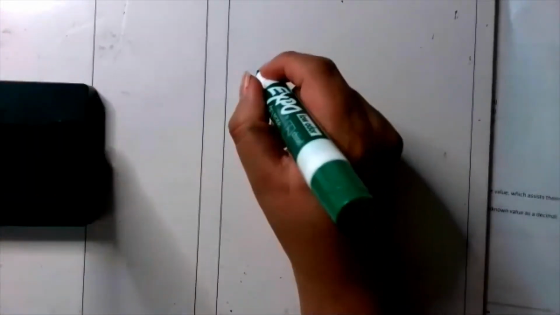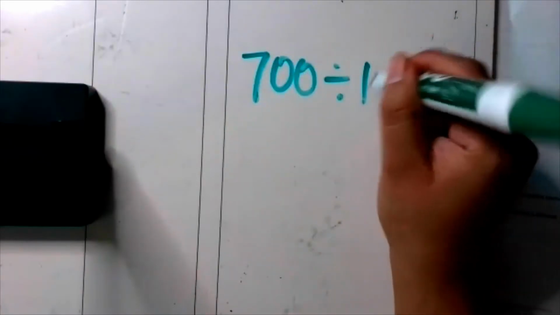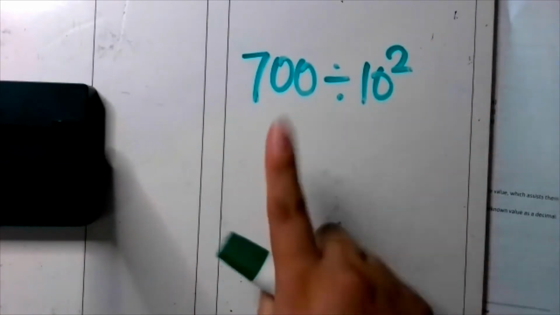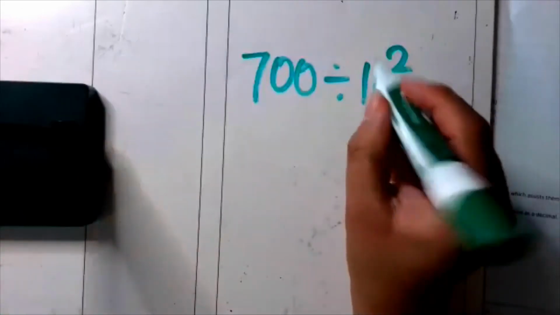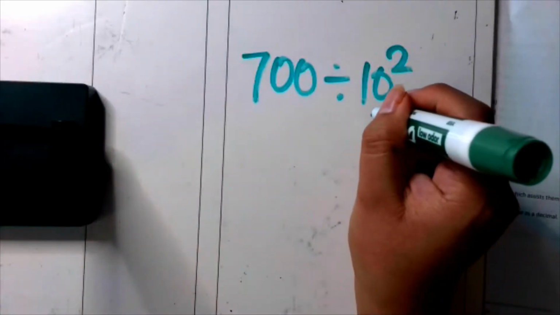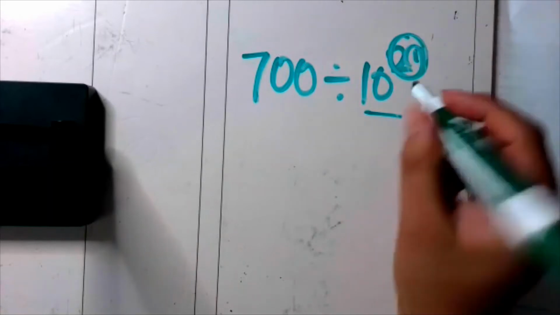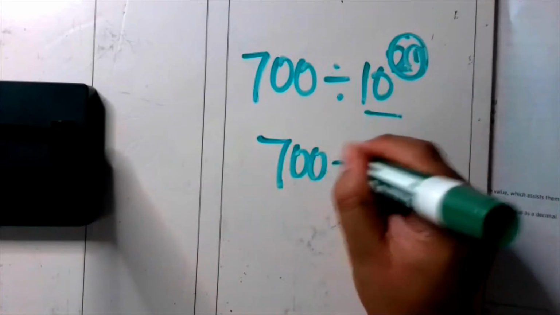All right, everybody, so we are going to go to the division side of our problems today. So we are first going to divide 700 divided by 10 to the second power. So here we need to make sure that we don't have this exponent anymore. So how do we do that, you might ask? The same thing that we did when we multiplied.